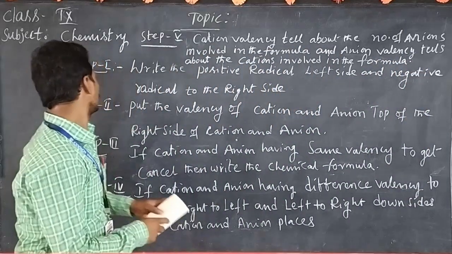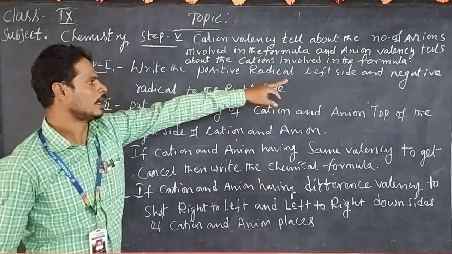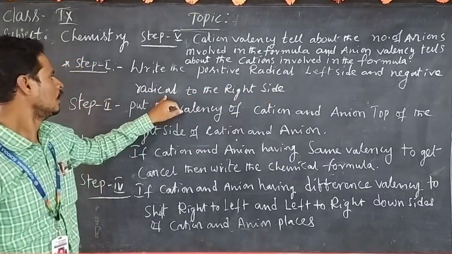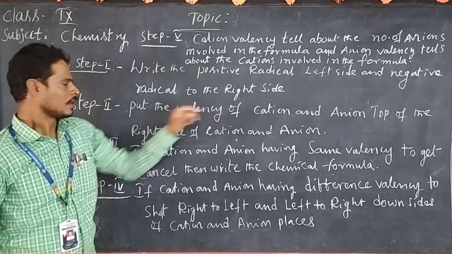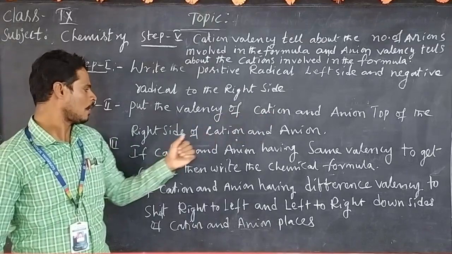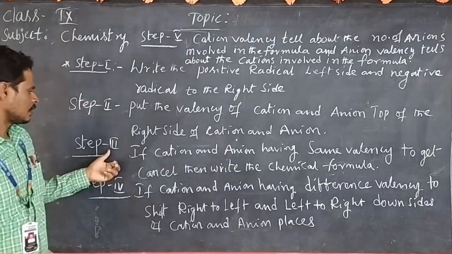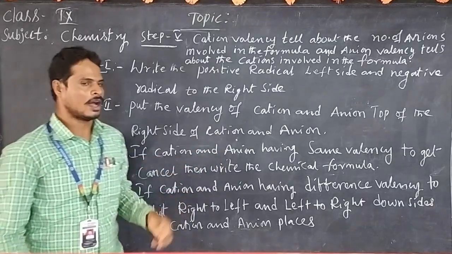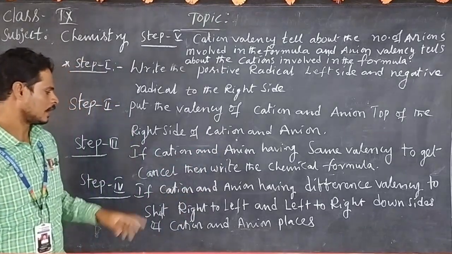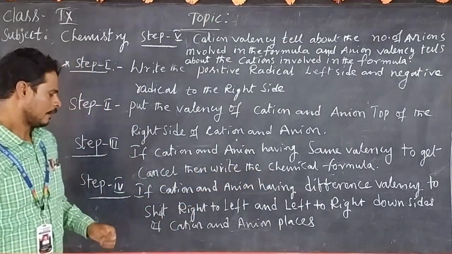So again I repeat the 5 steps. Step 1, write the positive radical on the left side and the negative radical on the right side. Then step 2, put the valency of cation and anion on the top right side of the cation and anion. Step 3, if cation and anion have the same valency, they get cancelled, then write the chemical formula.